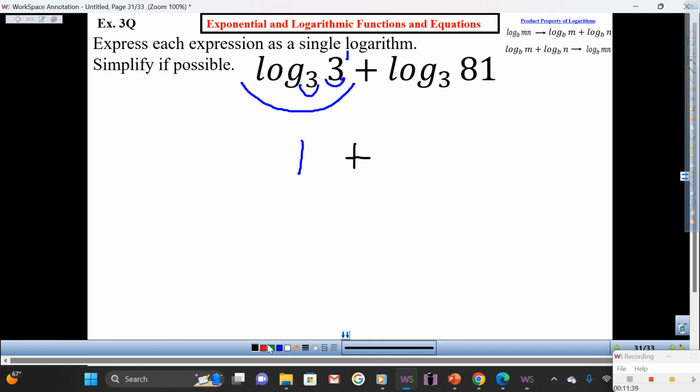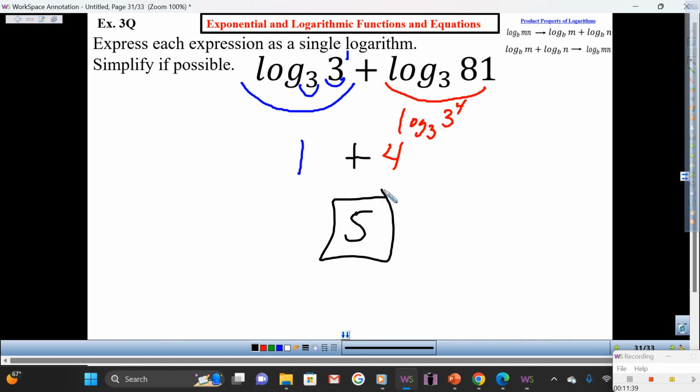Plus, we didn't need to rewrite it because it was already in the same base. Help me with this one. Diego Romo, log base 3. 3 to the what is 81? 4th, therefore this is 4. Answer, 5. Hands if you got that. All right, I think we got it, yes?